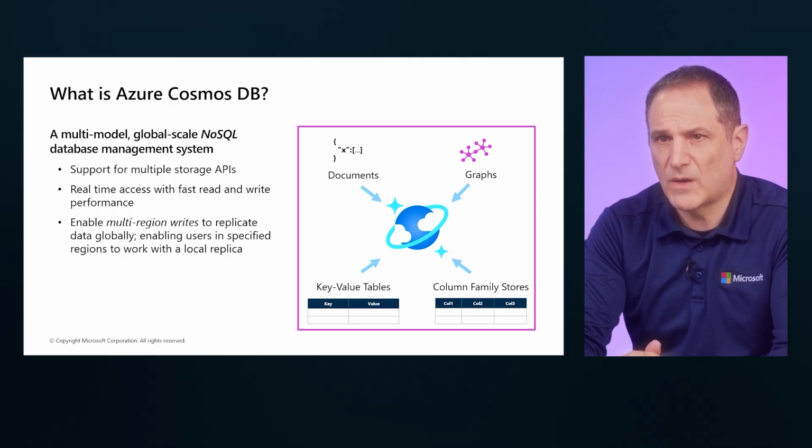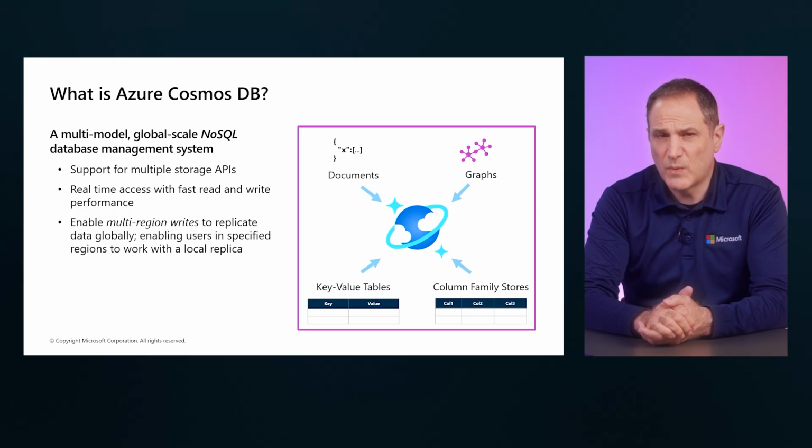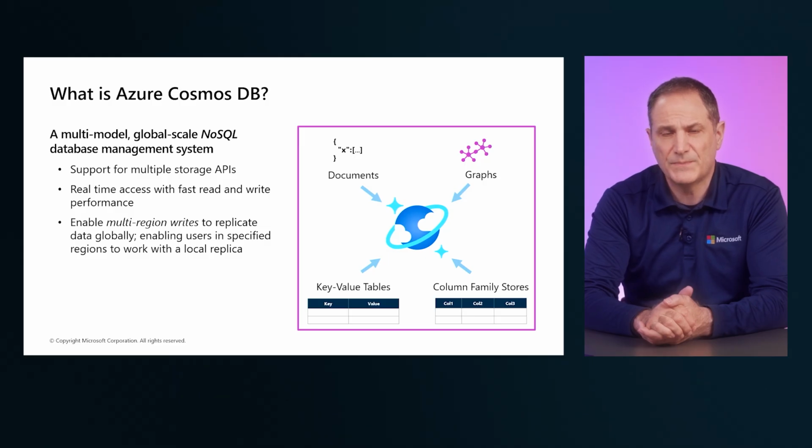A key feature of Cosmos DB is its support for multiple application programming interfaces, or APIs. This API allows developers to work with data using the programming style and query language they already know from other systems, while Cosmos DB handles the underlying storage.